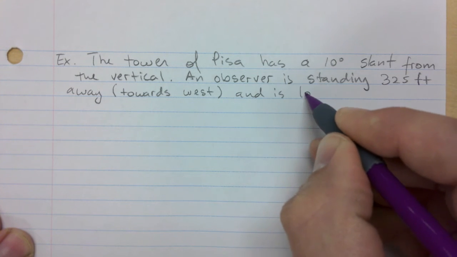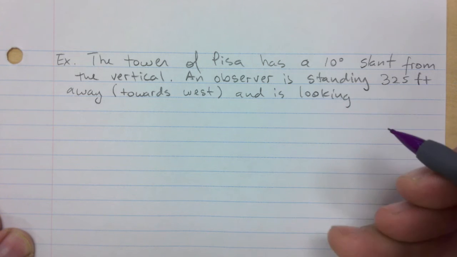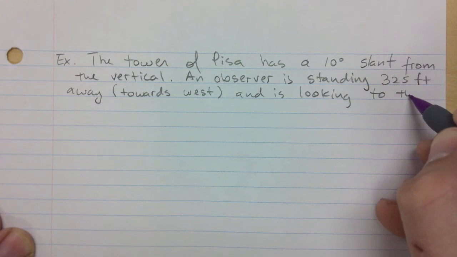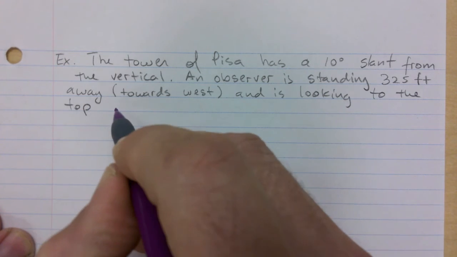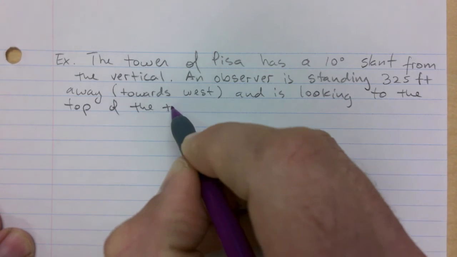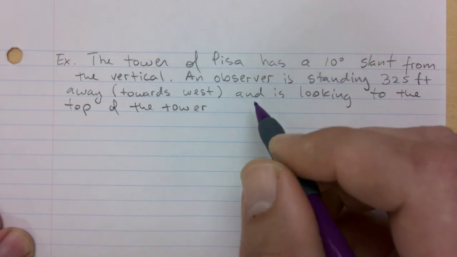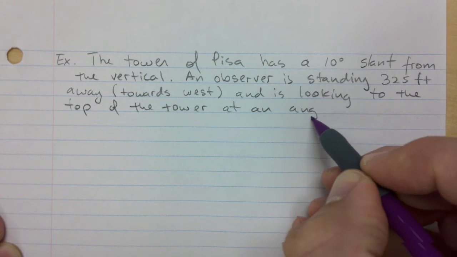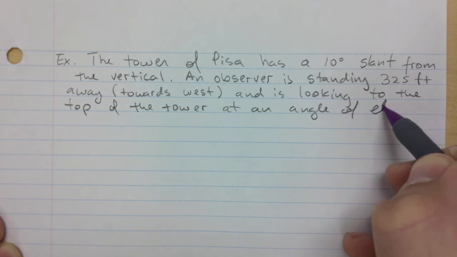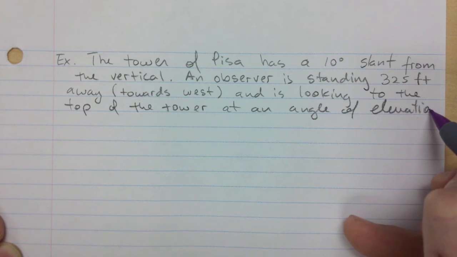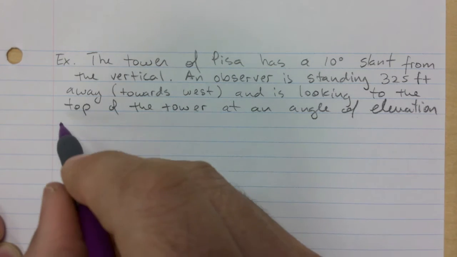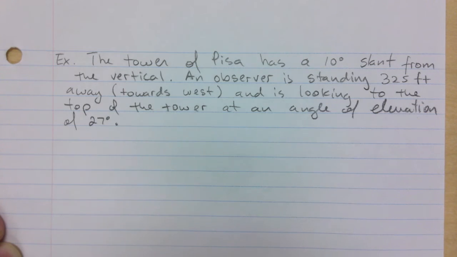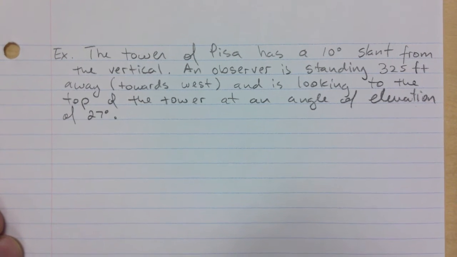And is looking to the top of the tower at an angle of elevation of 27 degrees. Okay, so that's the word problem.